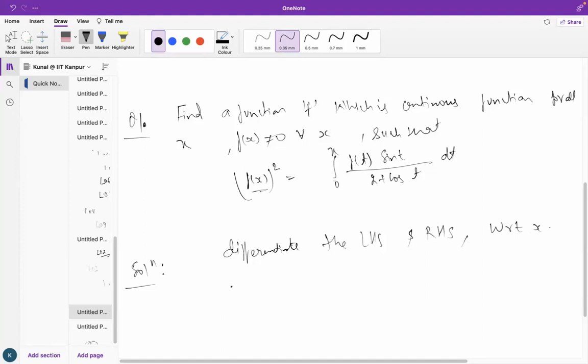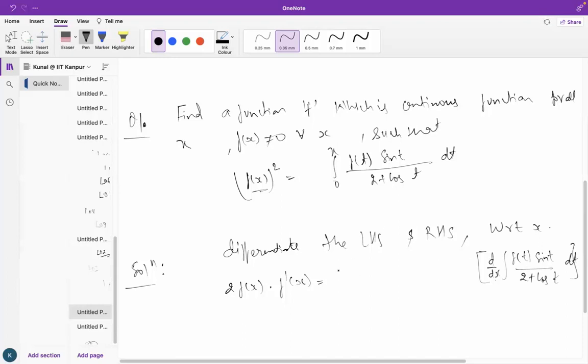When we differentiate, we get 2 f(x) and then applying the chain rule, f dash of x. On the right, we have the derivative of an antiderivative, which is the Leibniz rule.